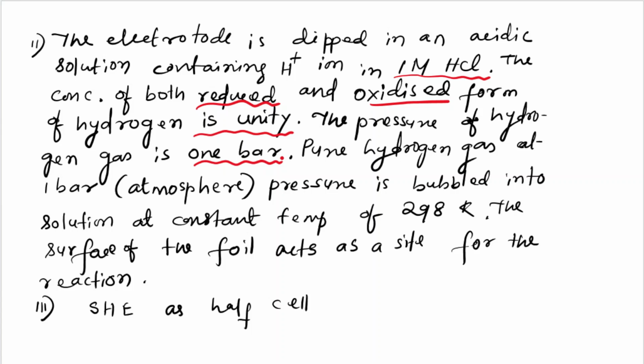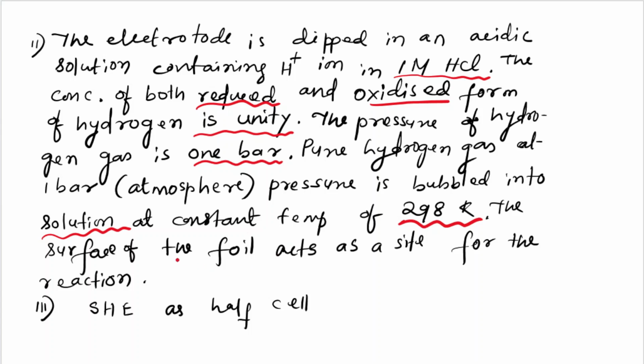Pure hydrogen gas, that means you should take pure hydrogen gas at a pressure of 1 bar, is bubbled in solution. In solution means what solution? 1 M HCl, and the temperature is 298 Kelvin.